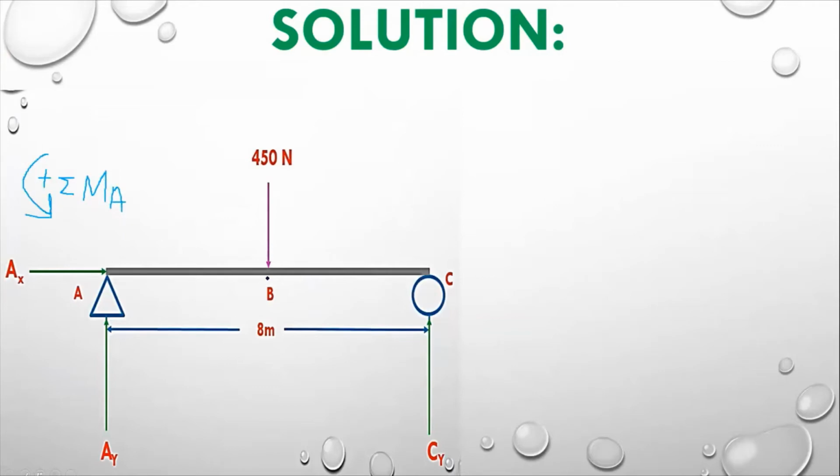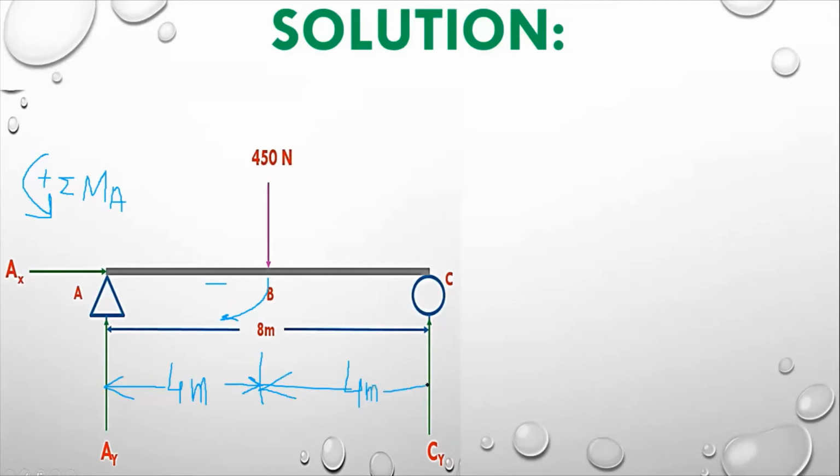When I rotate this force here, it will be negative, and its length should be 4 meter. You can see here it will be 4 meter, and this will also be 4 meter because the point load is exactly at the center.